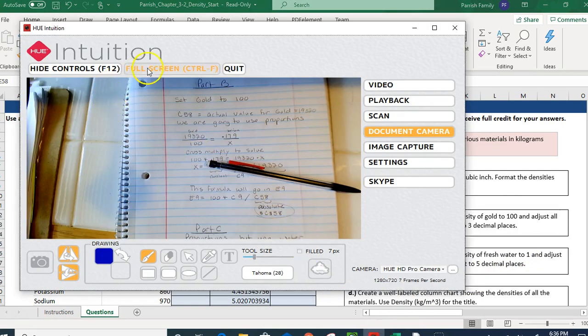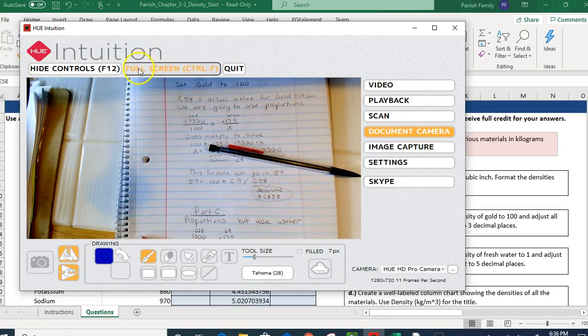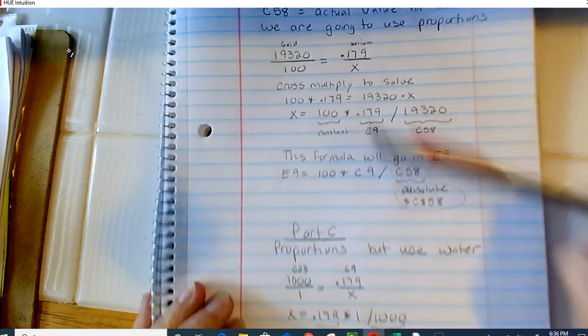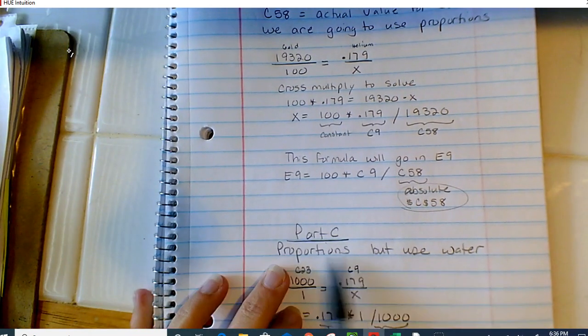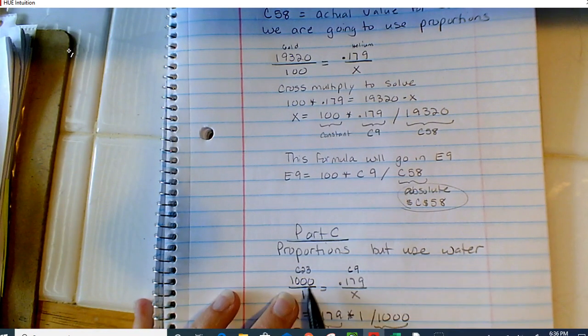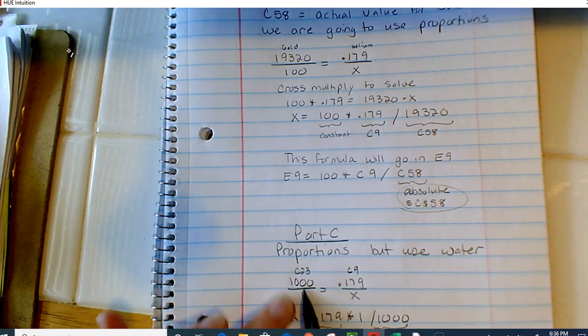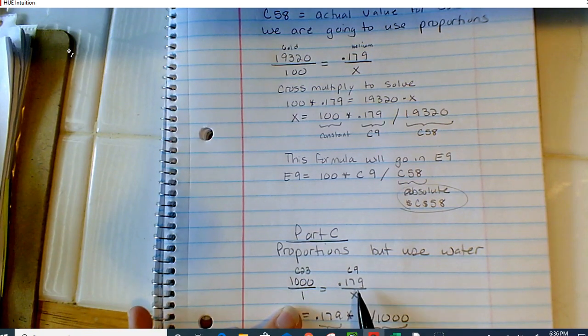Okay, so then we're going to do the same idea, but for part C, we want to use water, and water is in location C23, and it's 1,000, but we're going to set it to 1. And again, I'm going to do the C9, which is the 0.179 over x. And if I do my cross multiplication, I end up with 0.179 times 1 divided by 1,000.